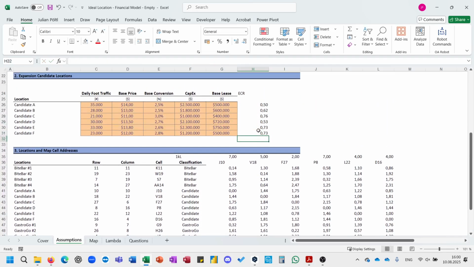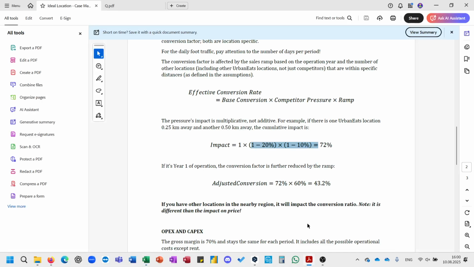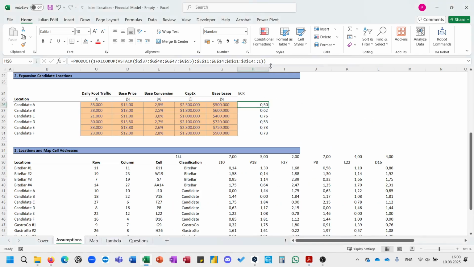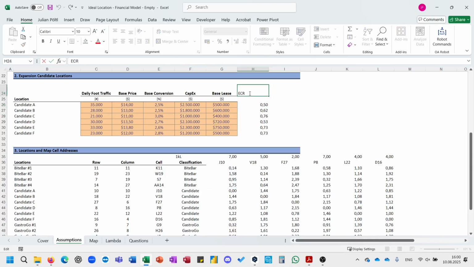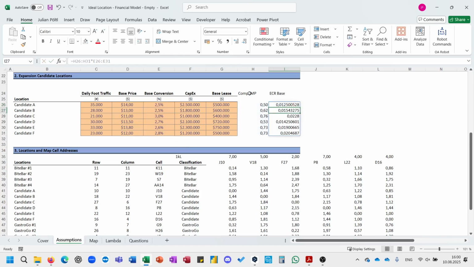Okay, here we have our effective conversion rate basis, the impact factor, and then base conversion times impact times ramp-up is the effective conversion rate. ECR base, multiplied with base conversion.